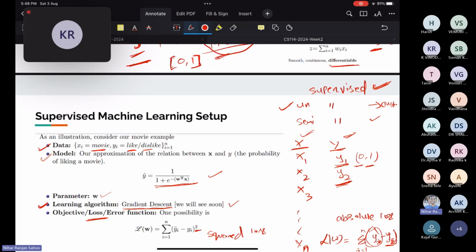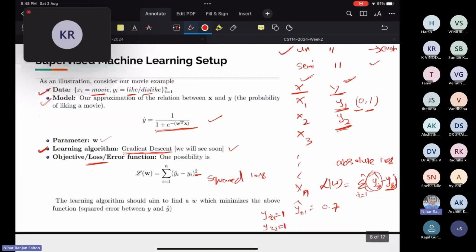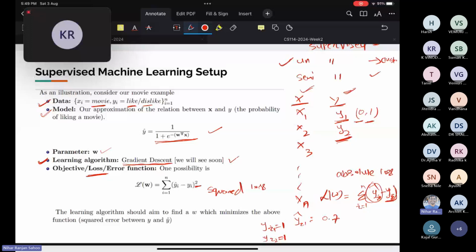Because we are using the sigmoid function, the value can vary from 0 to 1, as we know. These are floating point numbers, so it can take any value from 0 to 1. In the same iteration, for yi2, it predicted, let's say, 1.3.